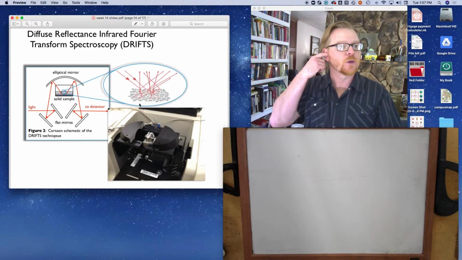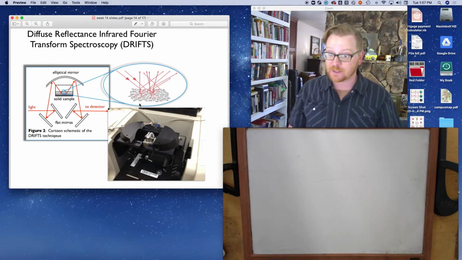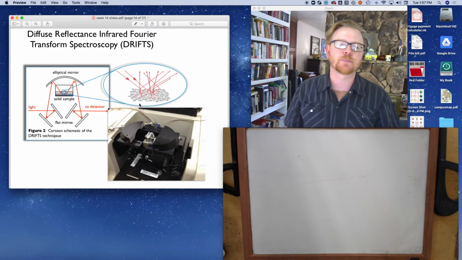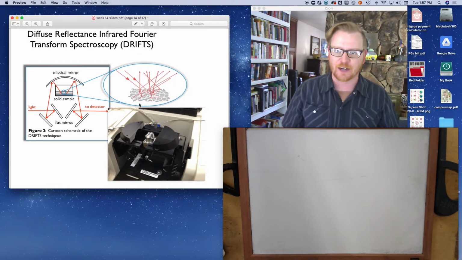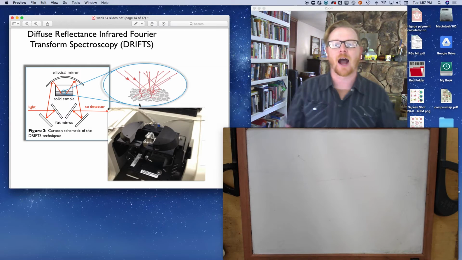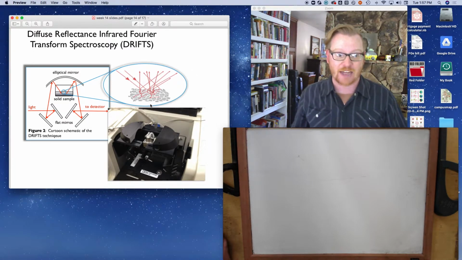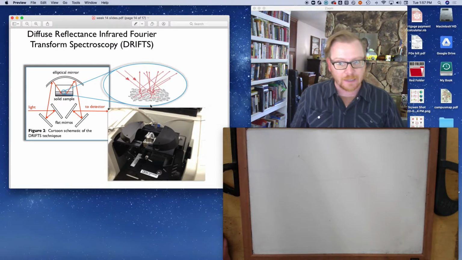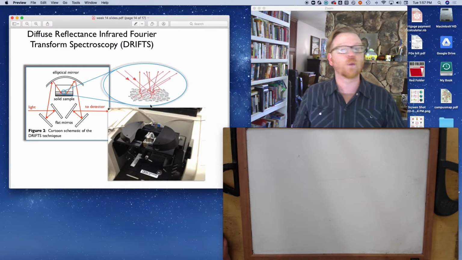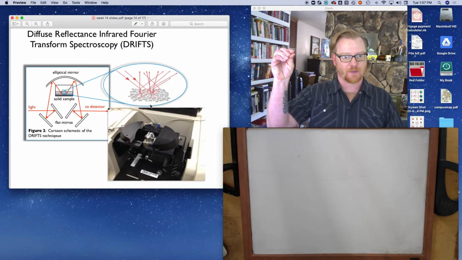Okay? So the advantage of DRIFTS is there's no sample prep. That's what all the textbooks say. I say they're big fat liars. We have to do tons of sample prep. But the real magic behind DRIFTS is that you're doing a powder solid and you're only analyzing the surface of the powder solid.